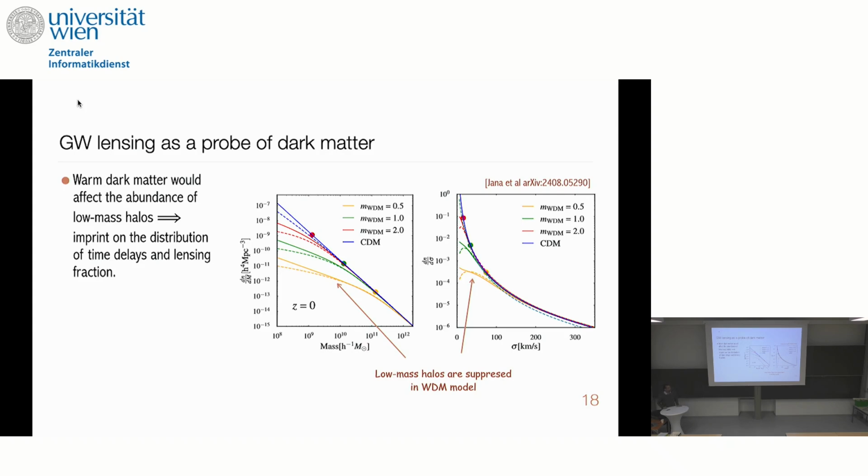So what would happen is that such free streaming of such warm dark matter particles would suppress the formation of small mass dark matter halos. It would suppress the halos at small scales. So this is showing how the halo mass function, which is basically the number distribution of dark matter halos at various masses, would change when you give a thermal velocity to the dark matter particles.